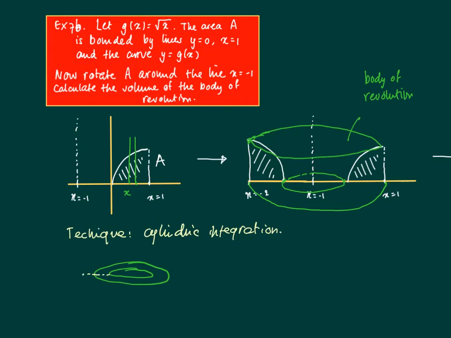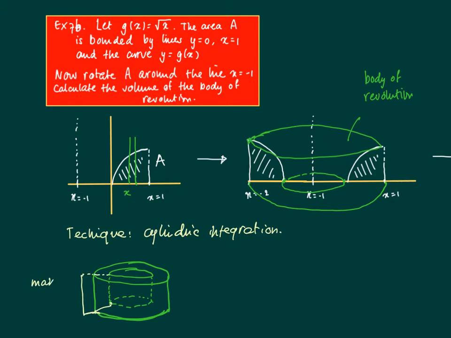So we'll make a cylinder here. I hope you can see it as a 3D picture now. And the green figure is actually built up from all these small cylindrical figures.